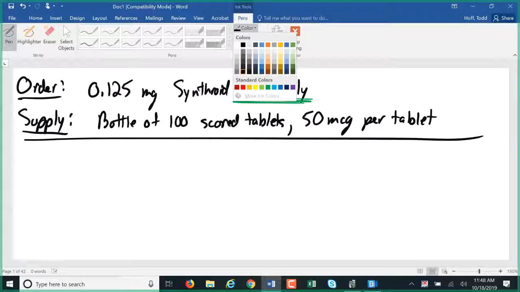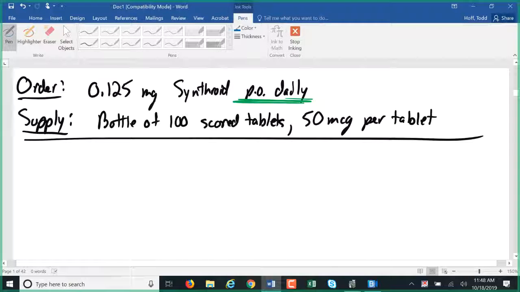So I'm giving a little bit more information here to help you see what would be more likely to be the way the label is written out and pick out the information. Do we care how many tablets are in the bottle? No. So this 100 scored tablets doesn't mean anything to us.